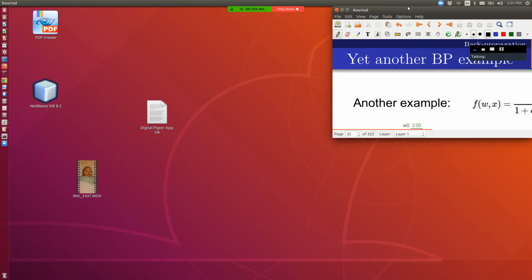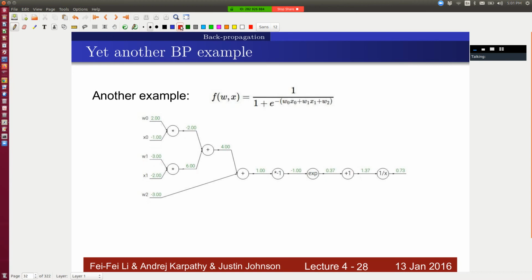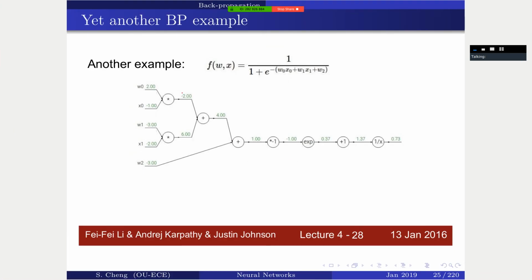What's the partial derivative of this output with respect to this input? I mean numerically. -4. Wait.